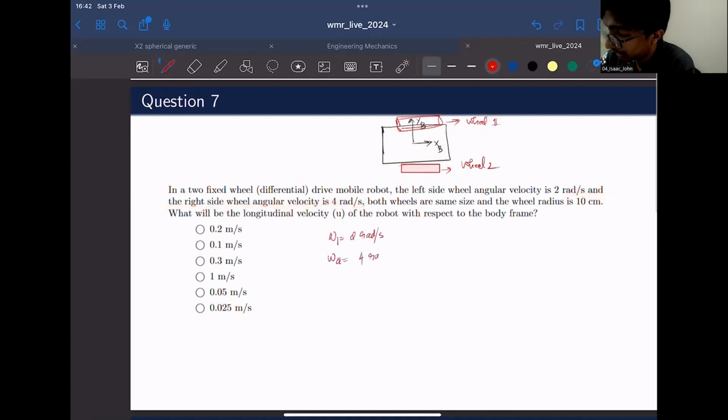It also says both wheels are the same size and the wheel radius is 10 centimeters. As per our convention, A is 10 centimeters, which in meters is 0.1 meters. It is asking what will be the longitudinal velocity u. That is our question.